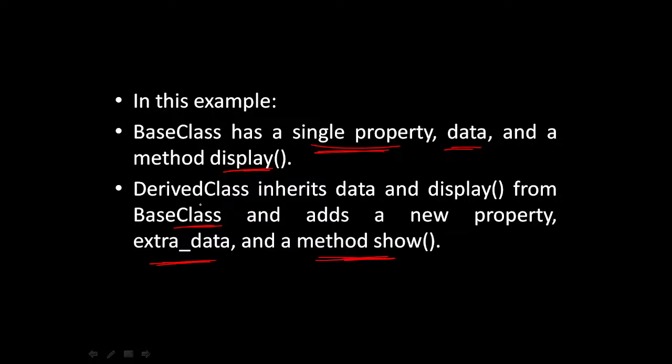So basically this derived class inherits the property called data which is present in the parent class, and display is also a method which is inherited from the parent class to the derived class.